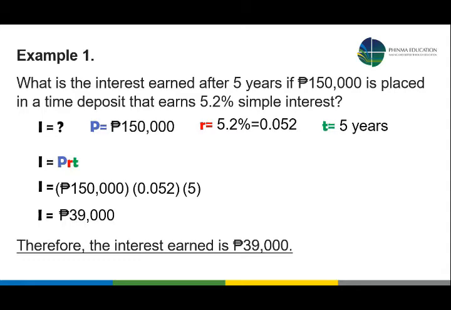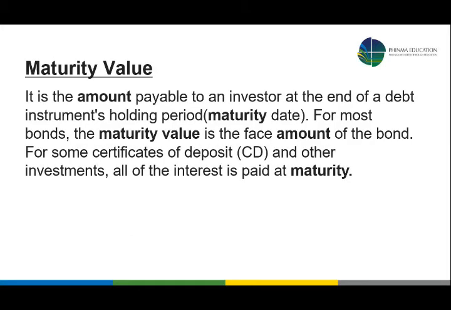For example number 2, we're going to unlock first the word maturity value. Maturity value is the amount payable to an investor at the end of a debt instrument's holding period or maturity date. For most bonds, the maturity value is the face amount of the bond.